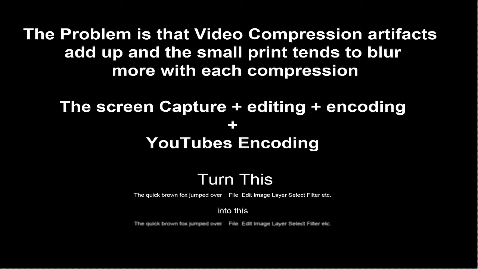And then once YouTube gets it, it encodes it to fit the size and format it needs. What happens is you end up turning print that was usable when you recorded it into something like this, or even worse, depending on how bad your steps are.